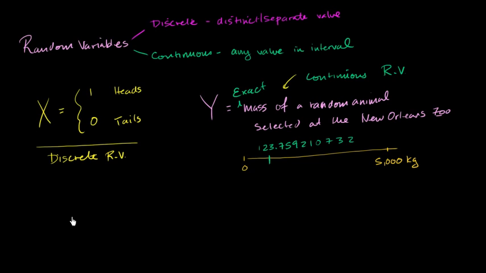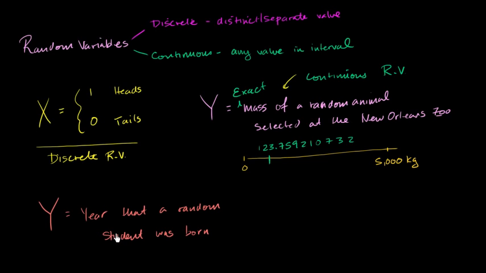Let's say that random variable Y, instead of it being this, let's say it's the year that a random student in the class was born. Is this a discrete or a continuous random variable?